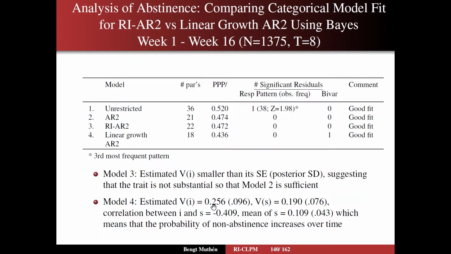So it's quite a different conclusion here. The random slope variance is also substantial. Correlation is negative 0.4. Mean of S is positive, which means that the probability of non-abstinence increases over time. We saw earlier that abstinence decreases, so here we have non-abstinence increasing, same thing.